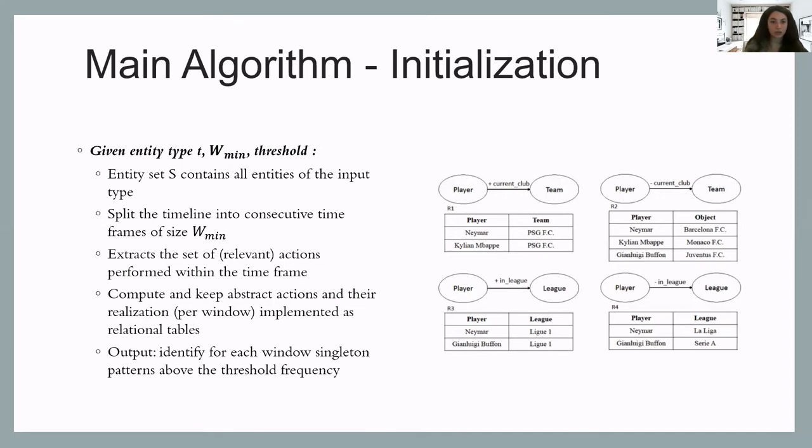We keep abstract actions and their realizations per window, and we implement it as relational tables, as you can see here in the example on the right. And we output for each window patterns of size 1 that are above the threshold frequency.